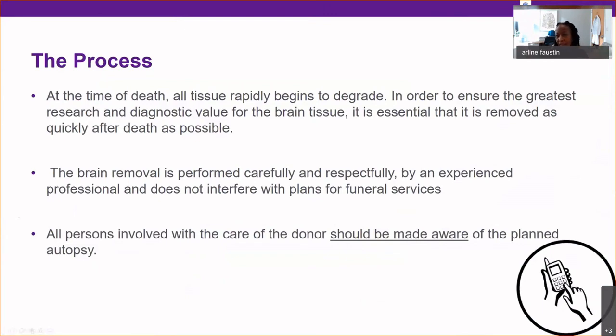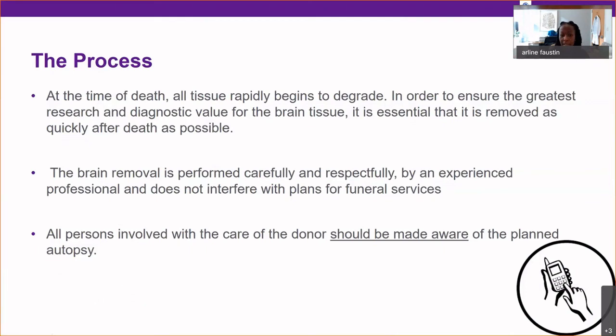When you lose somebody, it's really an emotional thing. It's very hard. And the fact that our participants are able to think about us and their families are able to think about us at this time is really so generous. So anywhere between 12 to 24 hours is more than enough time for the brain to be harvested.